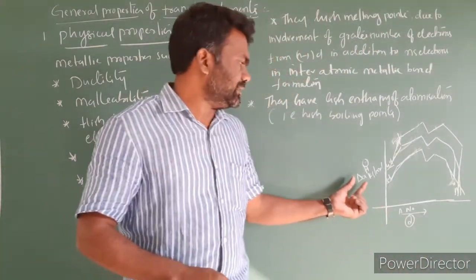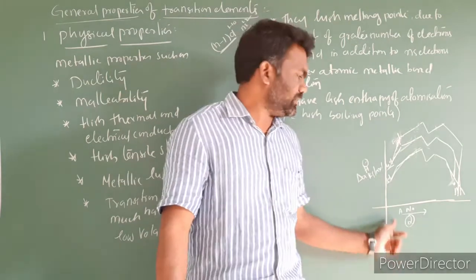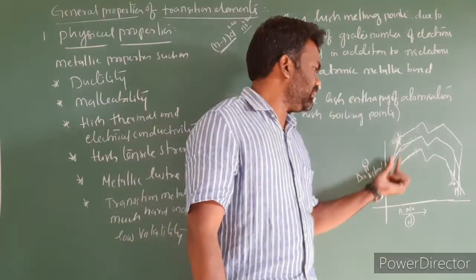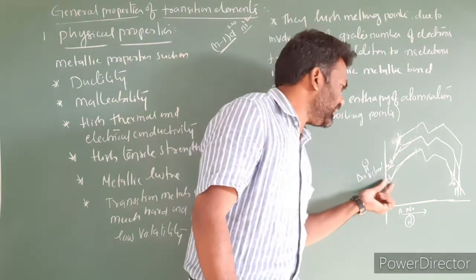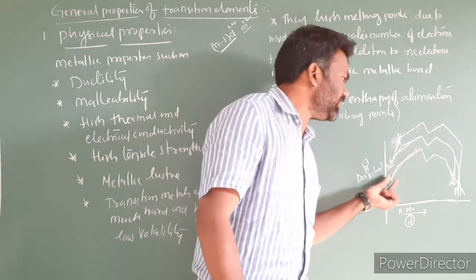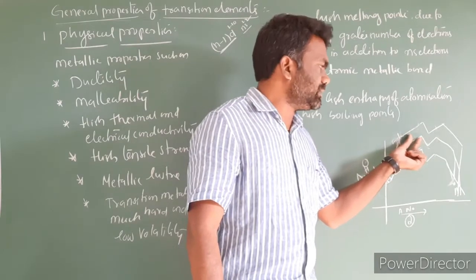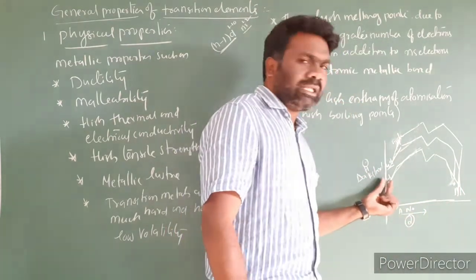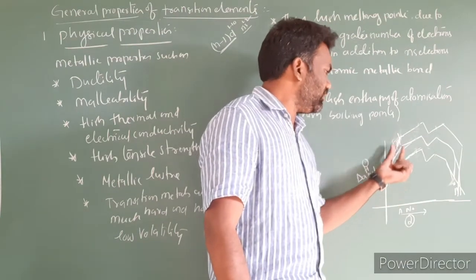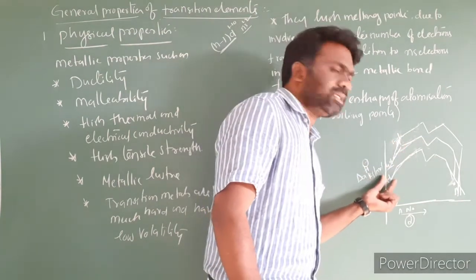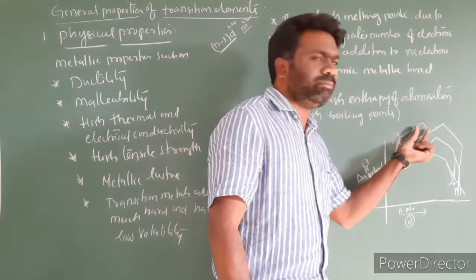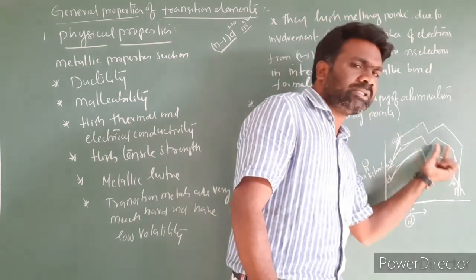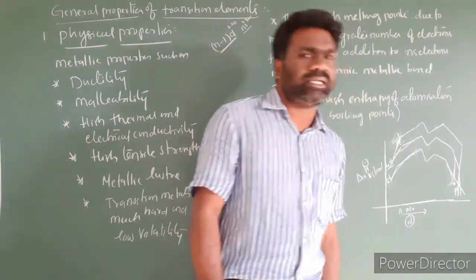If you look at the trends in the enthalpy of atomization of transition elements, the enthalpy of atomization in the 3d, 4d, and 5d series rises to a maximum at the d5 configuration and falls regularly as atomic number increases.